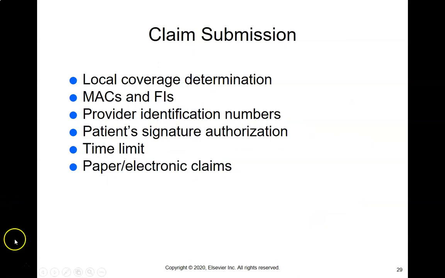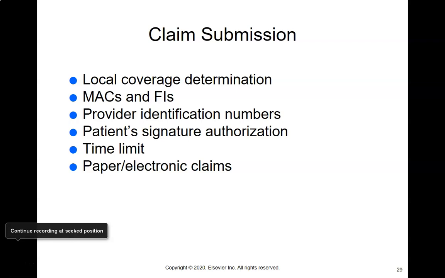Claim submission. You must determine the local coverage. MACs and FIs, which are fiscal intermediaries. Now, the intermediaries are organizations that handle claims from hospitals, nursing facilities, intermediate care facilities, long-term care facilities, and home health agencies.